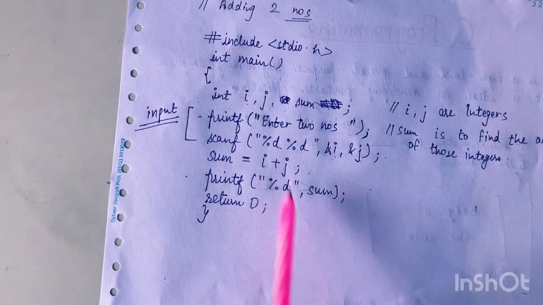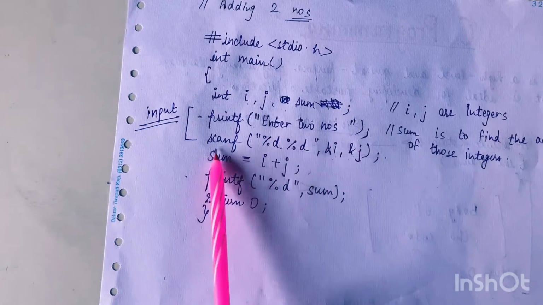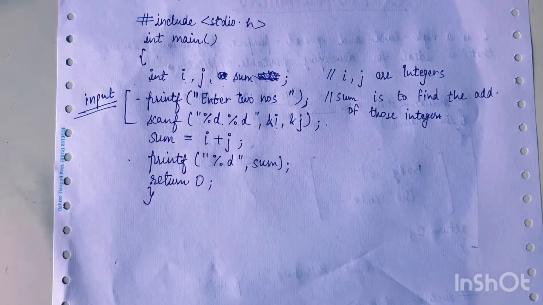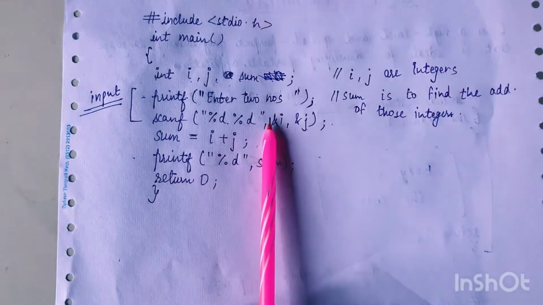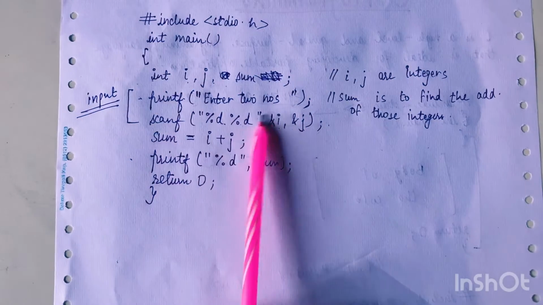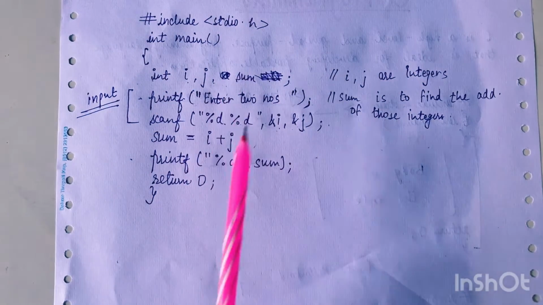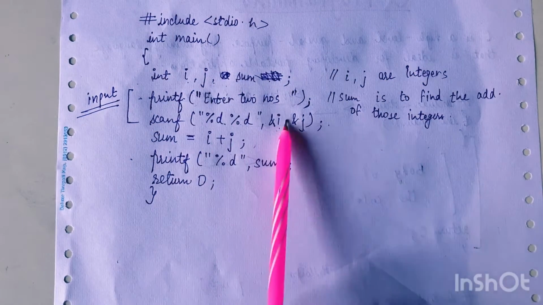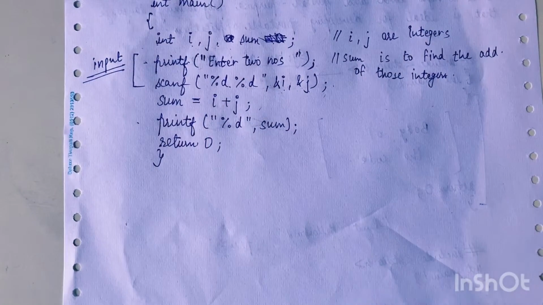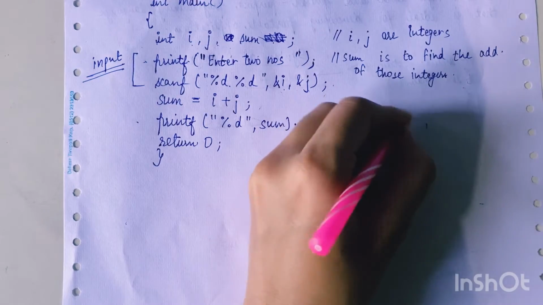Then we have enter two numbers. For inputting, we have to scan those numbers, so percent d, percent d, address of i and address of j. The numbers the user inputs will be stored in these two addresses, that's why we've used this symbol here.